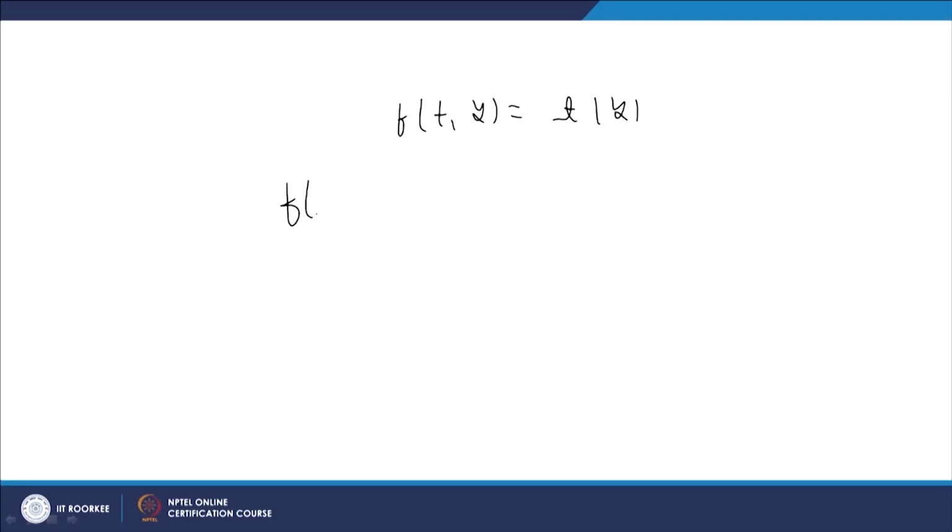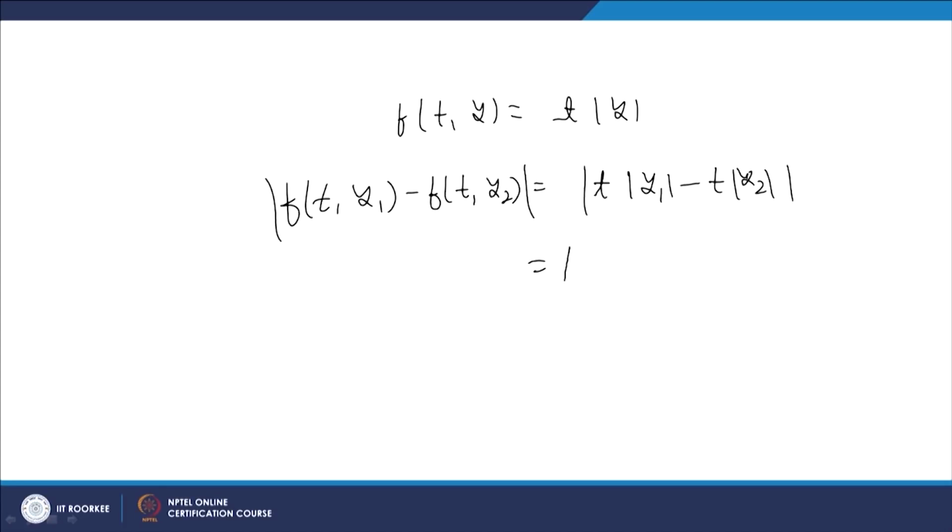So, f(t, y1) minus f(t, y2) is t modulus of y1 minus t modulus of y2, which is at most modulus of t times modulus of y2 minus y1.